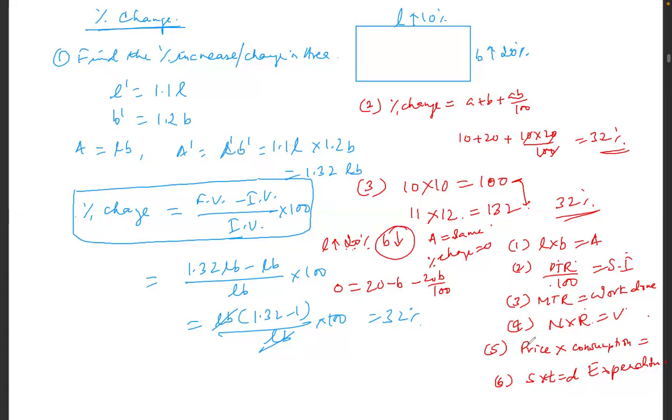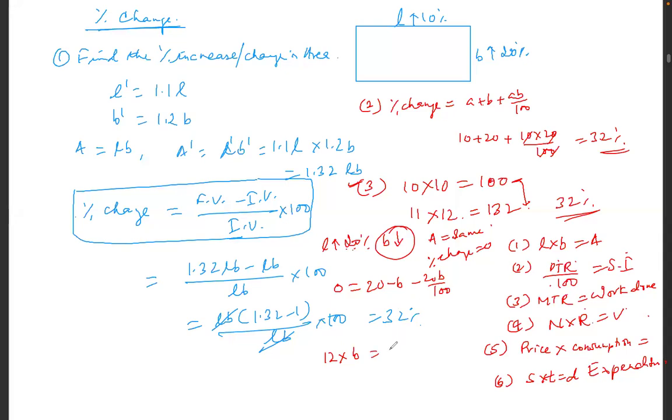Now, same thing: if price of commodity is increased by 20%, by what percent should the consumption be decreased so that expenditure remains the same? Same thing. Either use this calculation or you can use this one also. So first one becomes 12 into, we don't know, B is equal to how much?